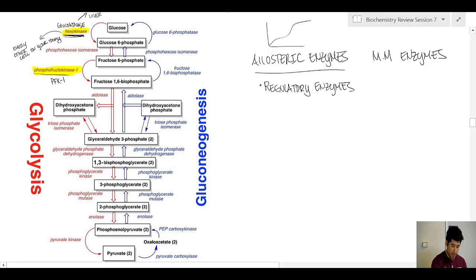All right, and so the third regulatory enzyme in glycolysis is pyruvate kinase. And hexokinase, PFK1, and pyruvate kinase, they all exhibit allosteric regulation. They are all regulatory enzymes.